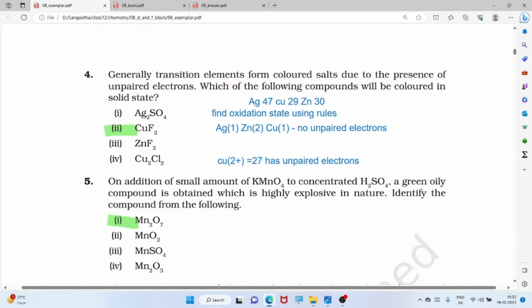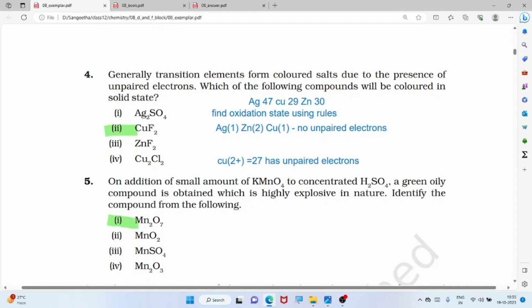Generally, transition elements form colored salts due to the presence of unpaired electrons. Which of the following will be colored in the solid state? These are the atomic numbers. You have to first find the oxidation state, using the rules from redox reactions. After finding the oxidation state, you find the electronic configuration.